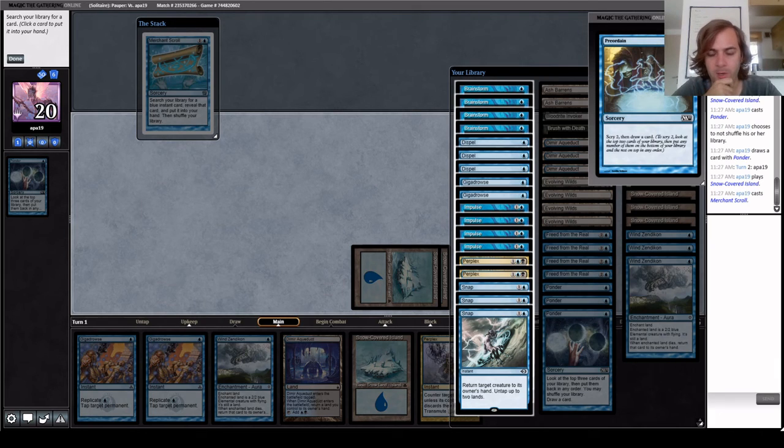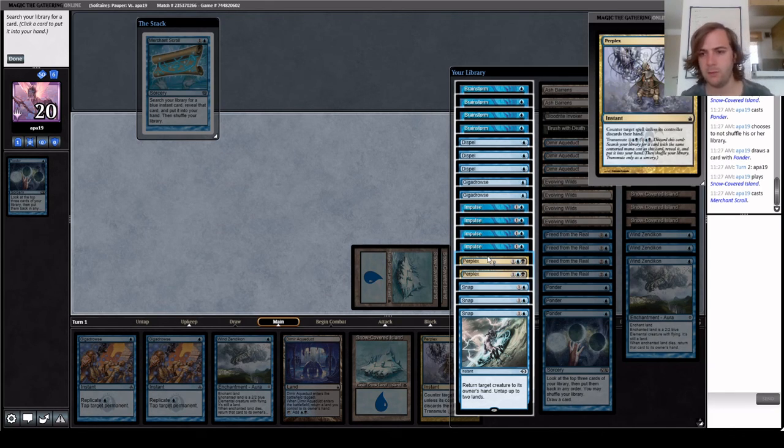So here right now we have the option of either going with brainstorm because we have so many dead cards and shuffling with perplex, or going with impulse to try to dig really deep, or perplex again. And the thing is, you can't really cast two perplexes, so we would go turn 4 cast a perplex, turn 5 cast a perplex.